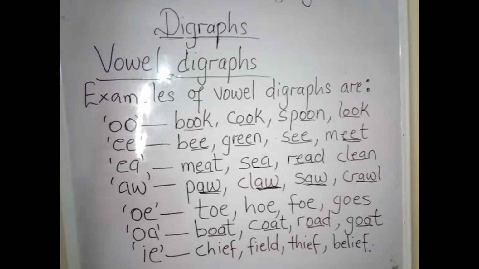But for now, I would just encourage us to focus on getting a hang of consonant clusters, consonant digraphs, and then vowel digraphs, and see how they function in words, how they sound in words, and where they occur in words. So when you are reading your storybooks, like I always advise, try to look out for these words and try to identify them, okay? By so doing, you'll gain a deeper understanding of the concept.